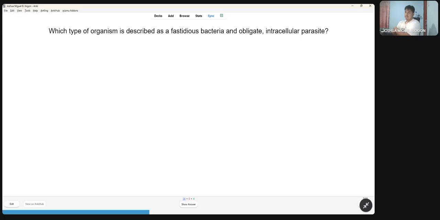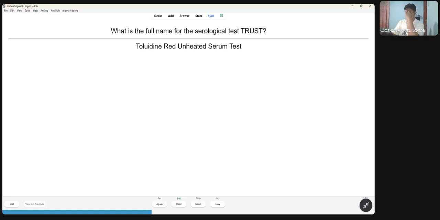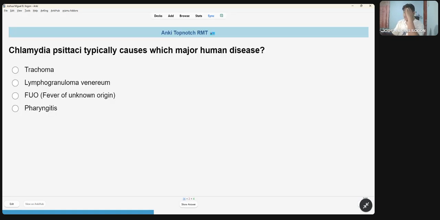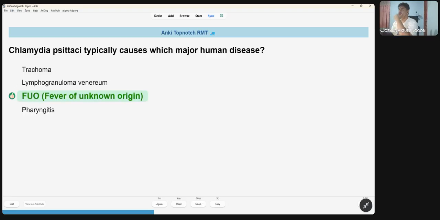Fastidious bacteria, obligate. Toluidine red heated serum. Trachoma, sitaki FUO.